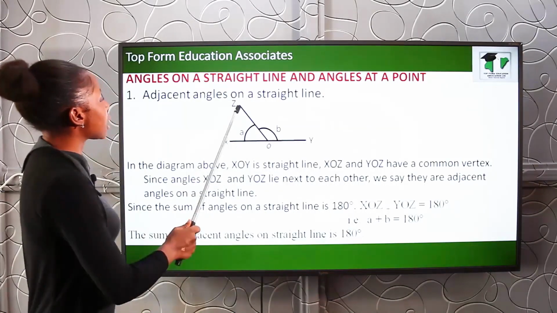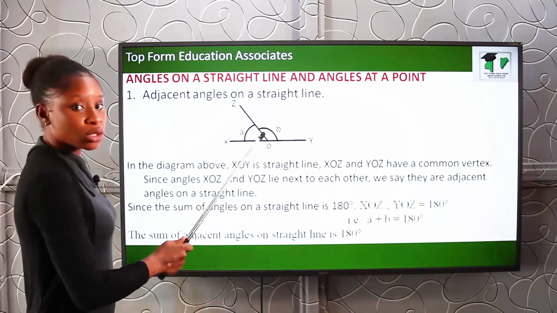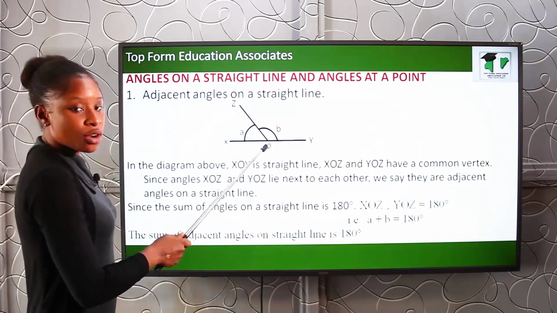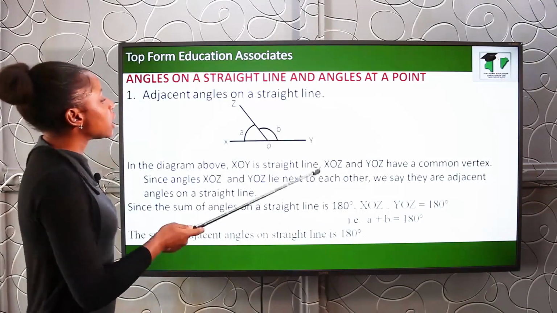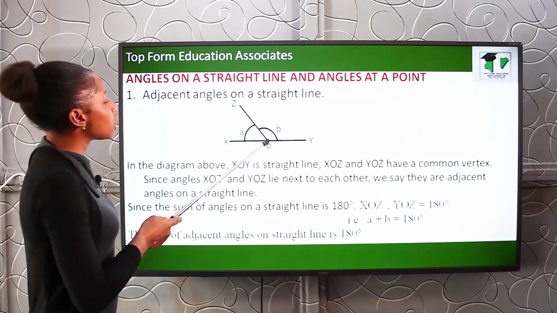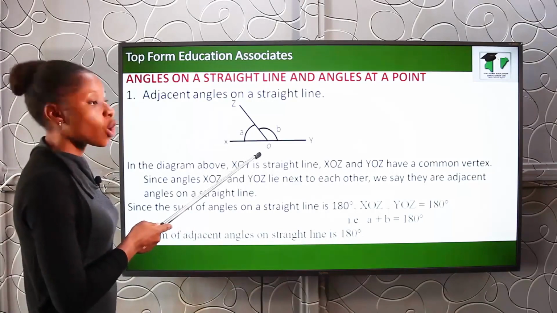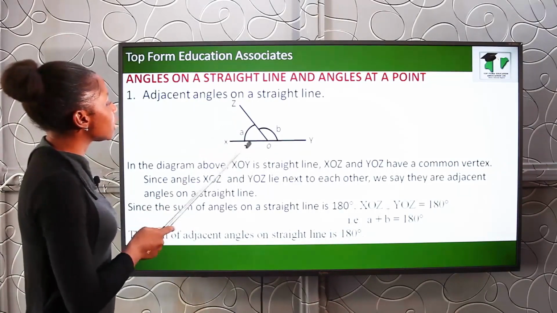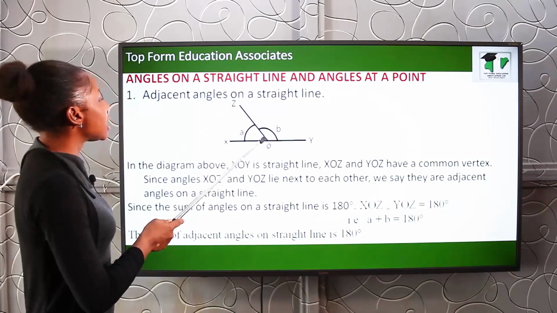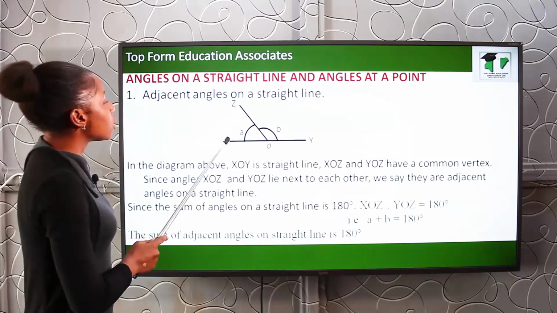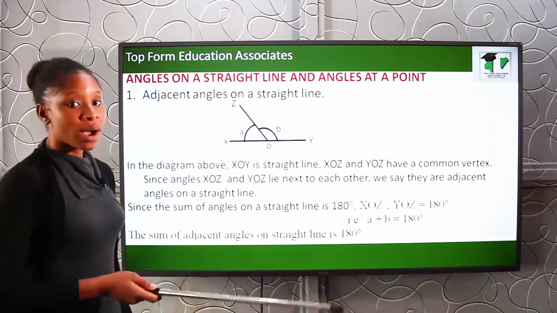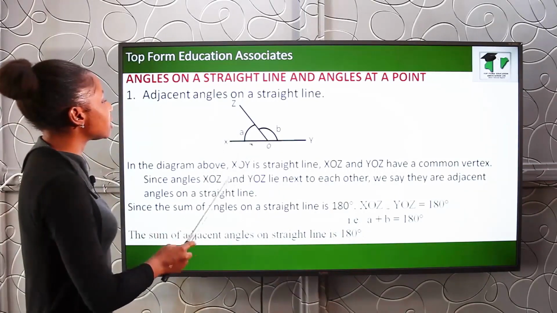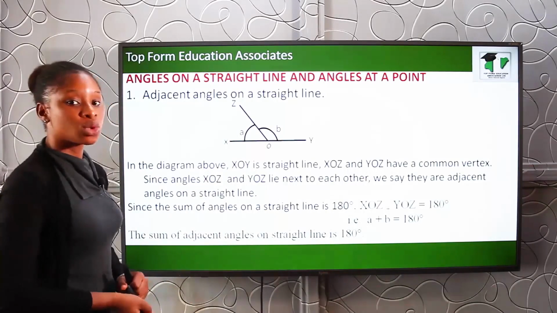Now, these two angles I just drew have a common vertex. Remember from previous study, the point at which the arms of an angle intersect is called a vertex. So both angles intersect at this point O. They lie next to each other. And when we have two angles lying next to each other, they are called adjacent angles.